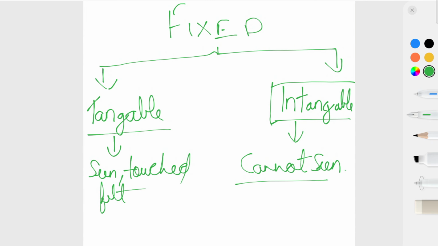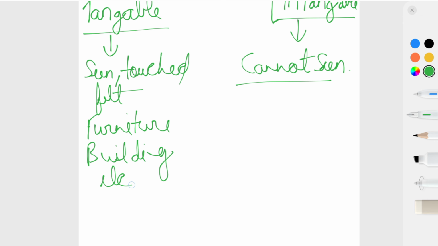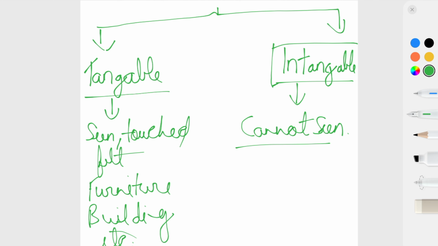Tangible assets are those assets beta which can be seen, touched, or felt. Examples of these can be furniture. Furniture can be seen, touched, and felt, and we know it is a fixed asset. Building can also be seen, touched, and felt, etc. Right? Don't include current assets in these. Now we'll come back to intangible assets.